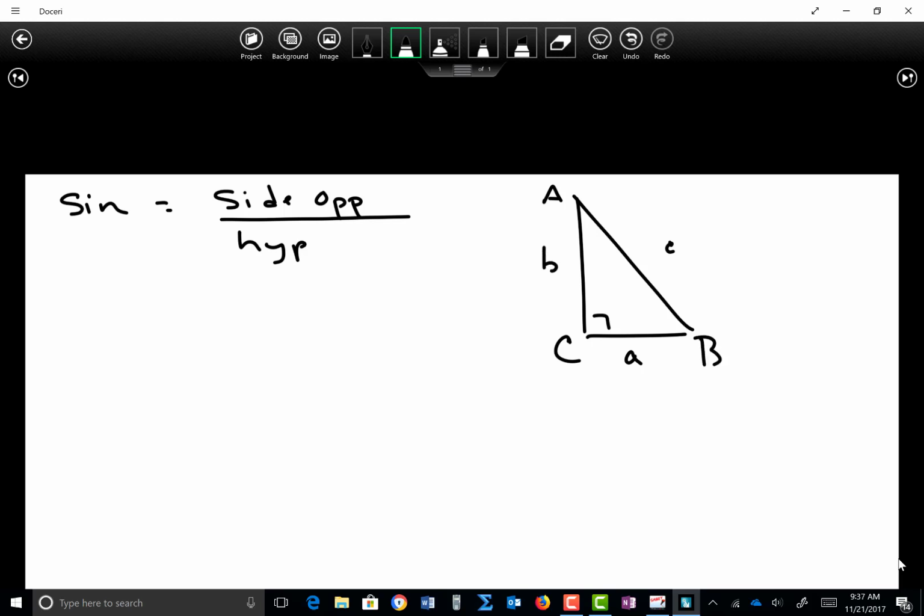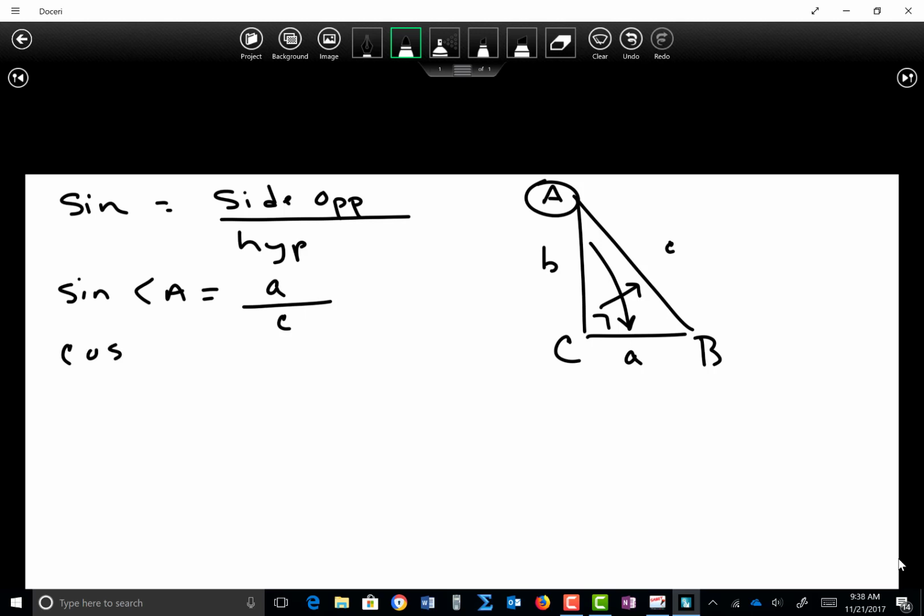The sine of angle A, so here's A, is the side opposite, so the one that's opposite from A, so little a over the hypotenuse, and the hypotenuse is the side across from the right angle. So side opposite over hypotenuse.